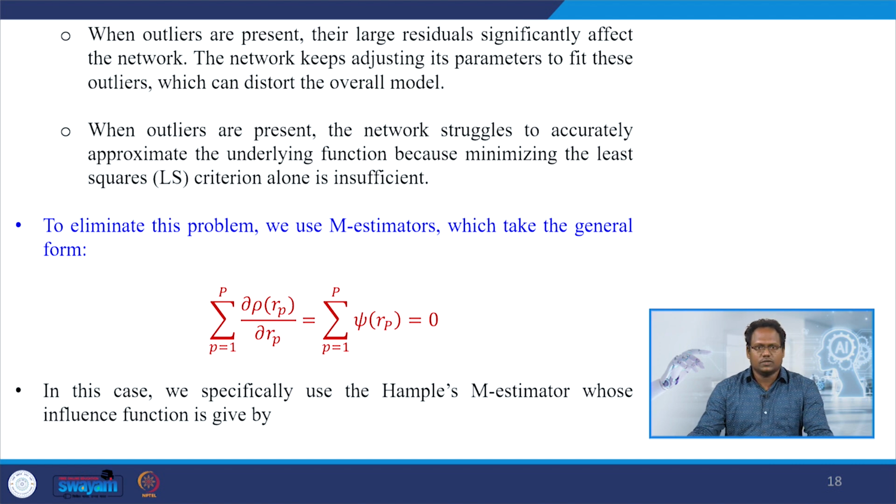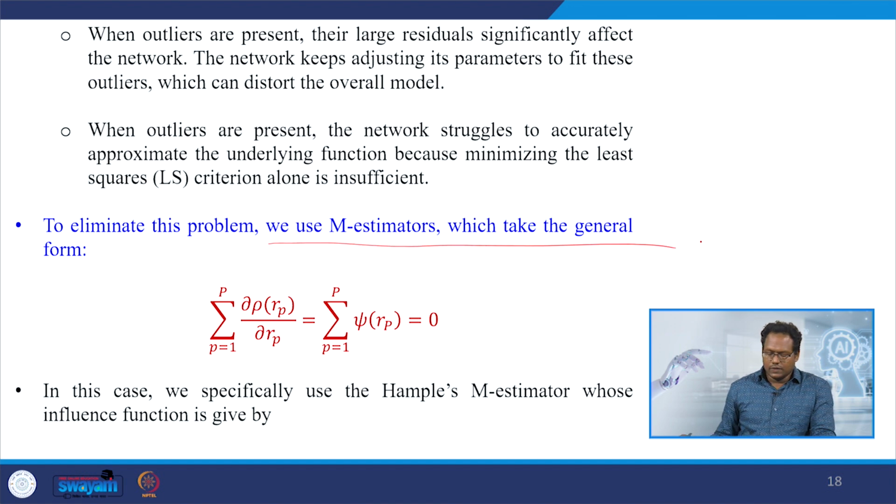is not sufficient. Now, to eliminate such a problem, we use M estimators, which take the general form given by summation over p equal to 1 to capital P dou rho of Rp upon dou Rp is equal to 0.